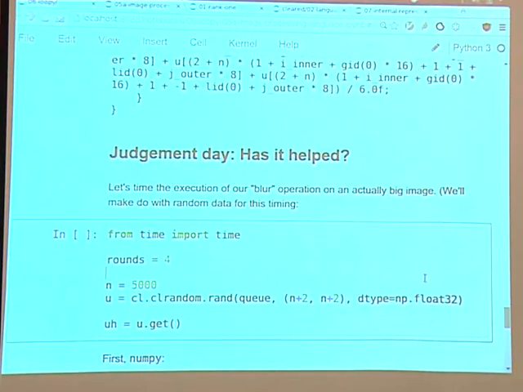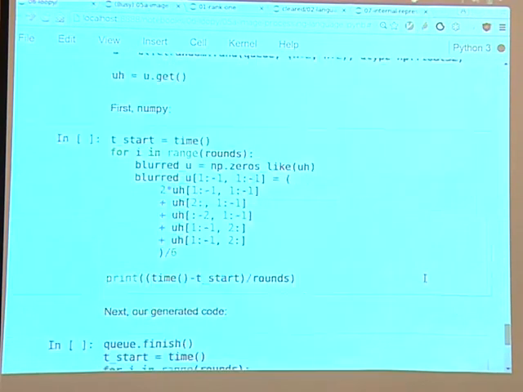But now the real judgment is, have we been able to gain some execution time over just plain old NumPy, right? So let's time the execution of this. This code should look familiar, right? This is the thing that we started with. And what I do is I just run a couple of rounds on an image.